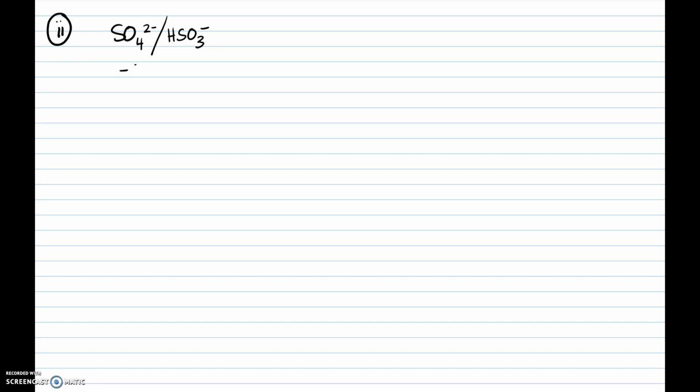And that is an E0 prime of negative 0.52. Okay. Then over on this side, we have 1/2 oxygen and water. Okay. And that's going to be a positive value of 0.82.